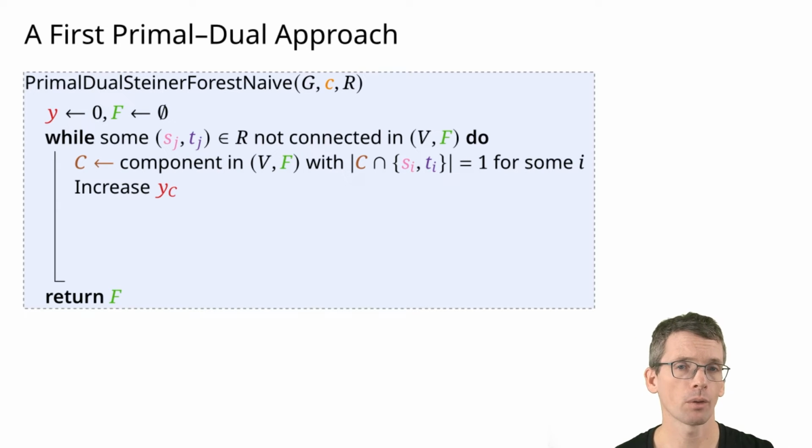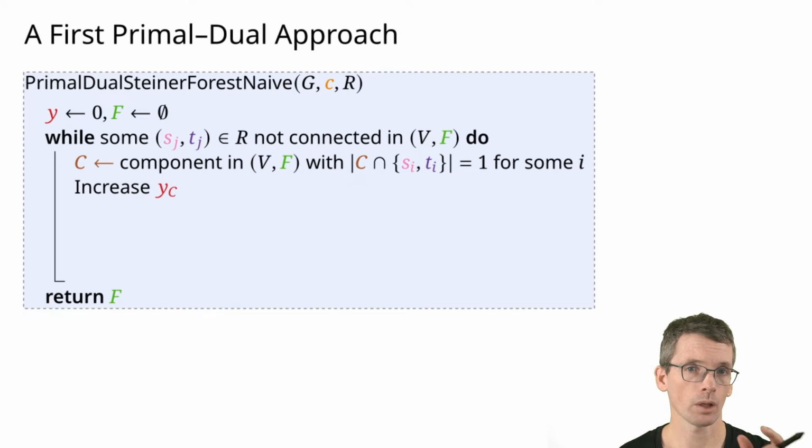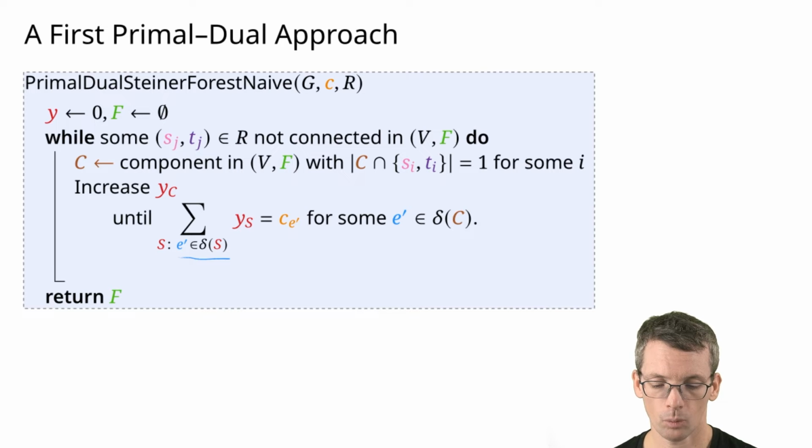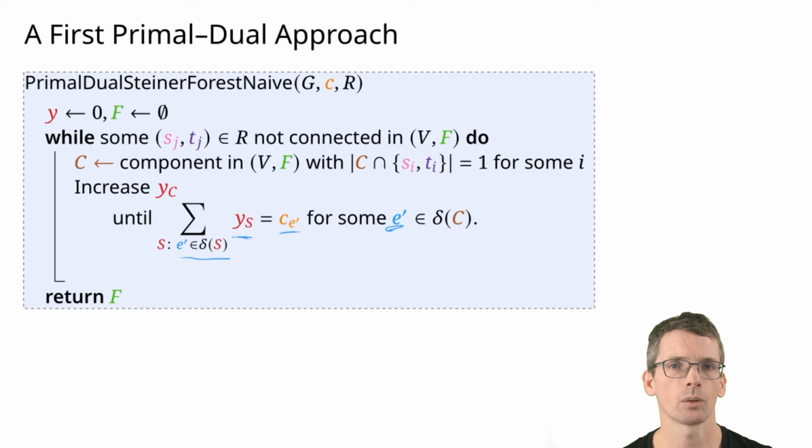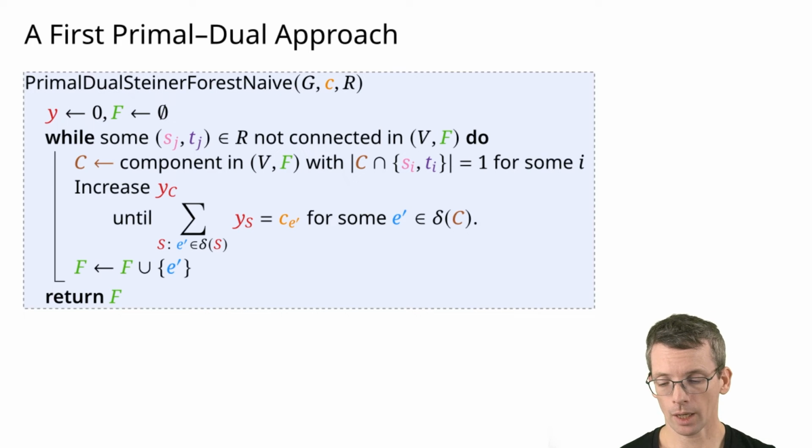And how far do I do that? I do that until one of the cut edges becomes critical. So for one of the edges, I have that this sum here becomes equal to the corresponding edge cost. And at that point, I'm going to simply take that edge, add it to F. And that is it.